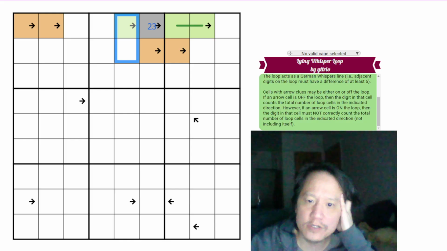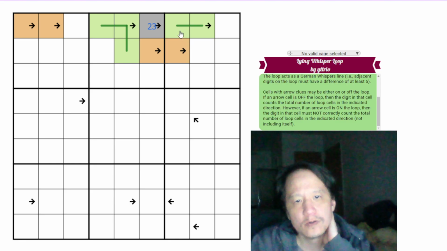This then has to go this way. So it has to enter here and it has to go this way. So then this could go like that, or it could go... Okay, so this has to enter here. So then this is not green. This is not orange. We know this has to be green.